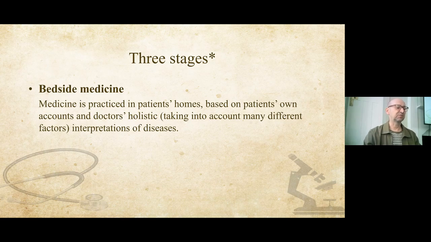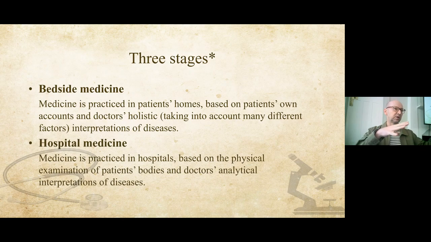A caveat, of course: this is for rich patients, because not everybody could afford that. And medicine was based on patients' own accounts or their stories, and doctors' holistic interpretation of diseases. So they took into account many different aspects of the patient's life.